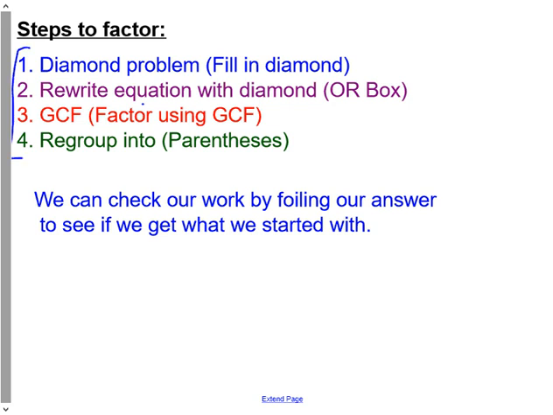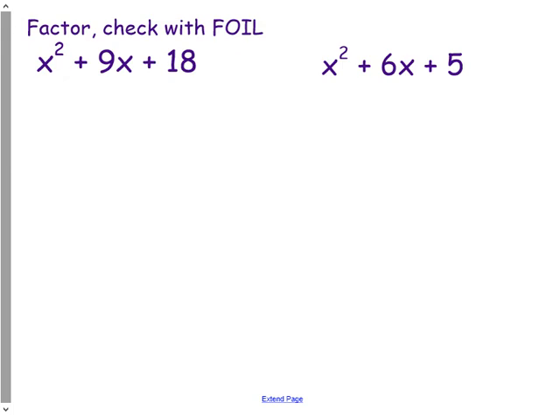We're going to do the diamond problem, and then we're kind of going to dip into this process called slide, divide, bottom up. However, the majority of that problem is dealing with the ax squared problem. So the slide divide won't happen until tomorrow's lesson. So factoring and checking with FOIL.